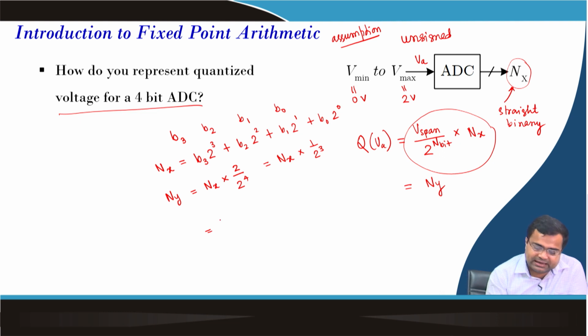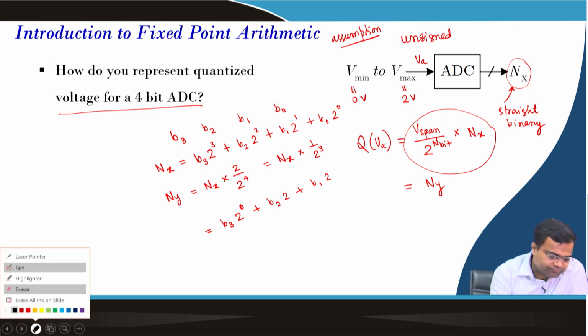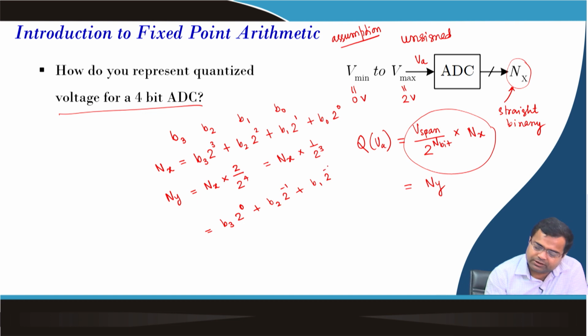I can represent it like B3 into 2 to the power 0 plus B2 into 2 to the power minus 1, then B1 into 2 to the power minus 2 plus B0 into 2 to the power minus 3. So, this is my ny.